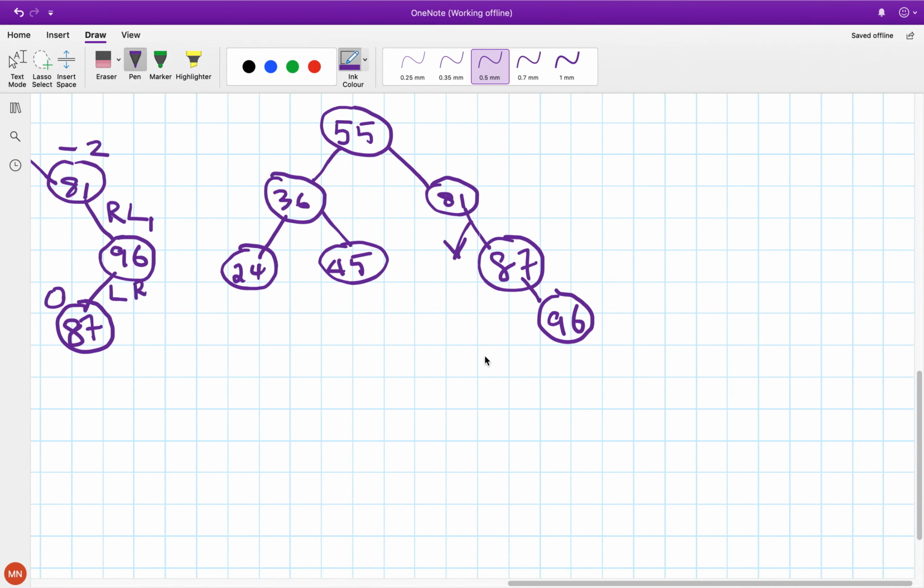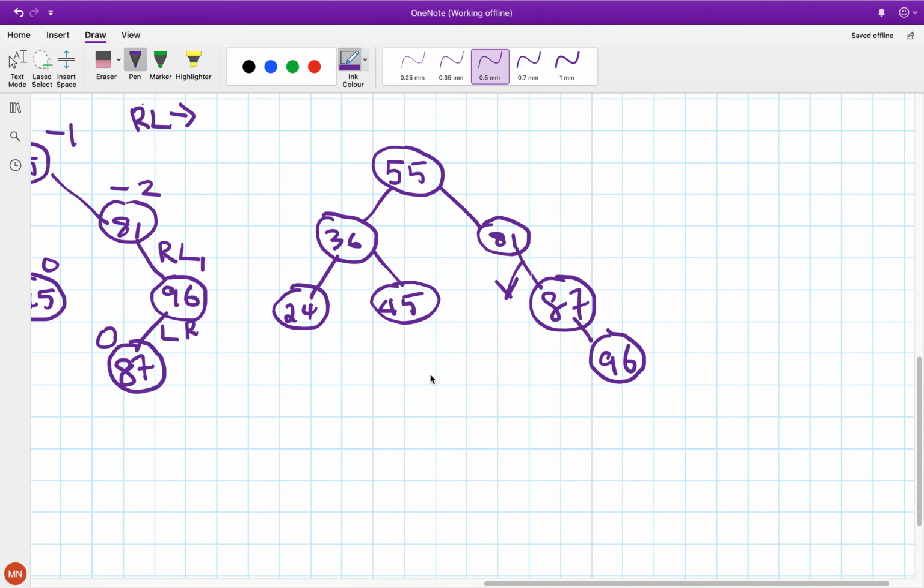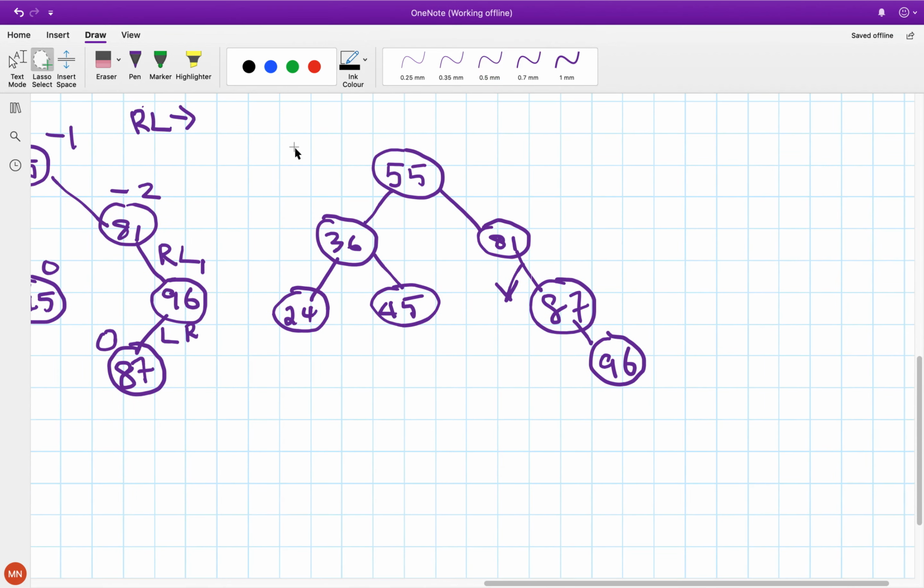So I will draw it here. Okay, one second, I'll just make a copy of this one.